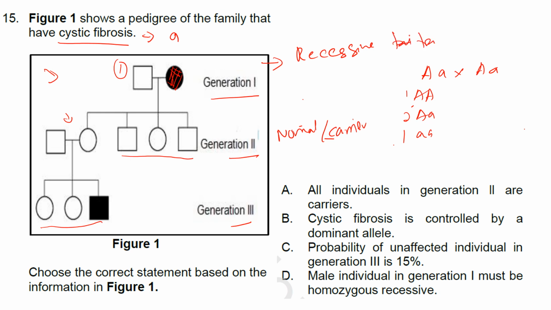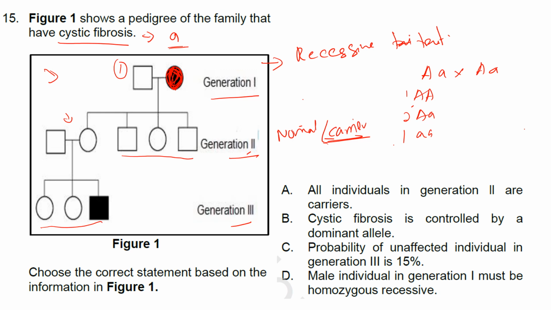Because in the first generation the grandmother has the trait, but in the second generation the trait is missing, and it appears again in the third generation. That means the second generation are the carriers for the recessive allele.